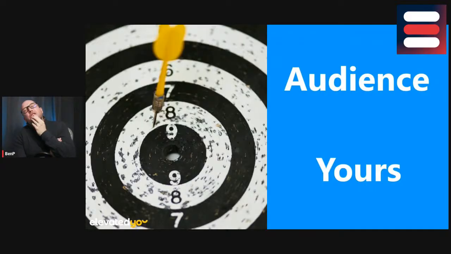Well, if you imagine you were sitting down to listen to me tonight, probably sitting down to listen to the other speakers, but imagine you were sitting down to listen to me and you're going, I can't wait until Ben talks about this thing. What's this thing that is really important to me? Well, see if you can empathize with your audience and think about what the objective of your audience is to listening to you, and jot it down.